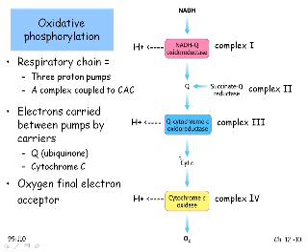And we have cytochrome C that can carry electrons from complex 3 to complex 4. And at complex 4, those electrons are going to have to finally be dumped onto something, and they're going to finally be dumped onto oxygen and make water. So oxygen is the terminal electron acceptor in oxidative phosphorylation. Any questions?